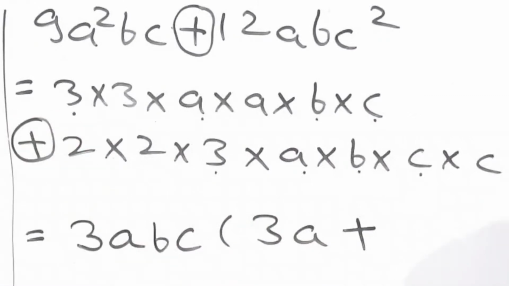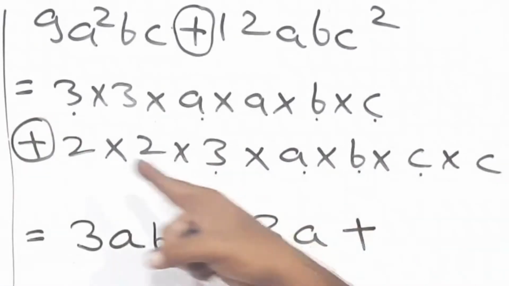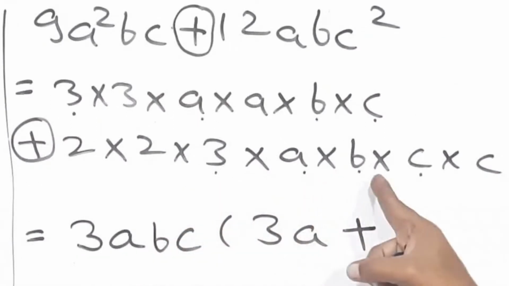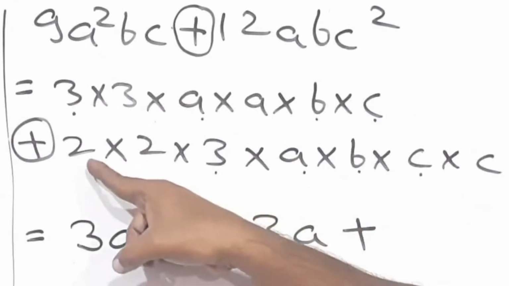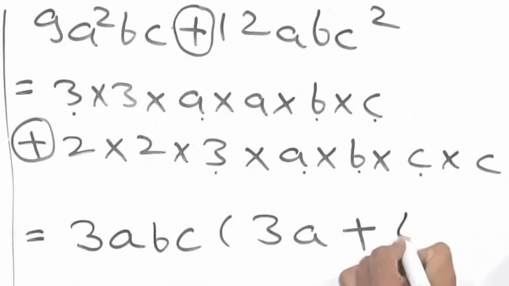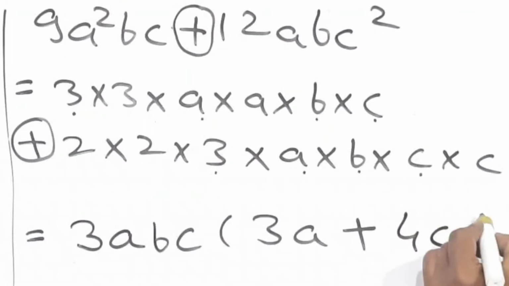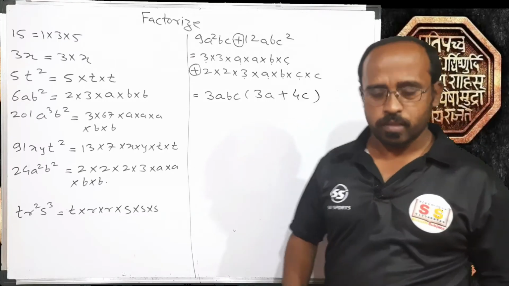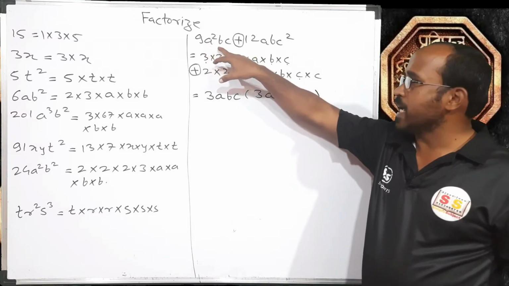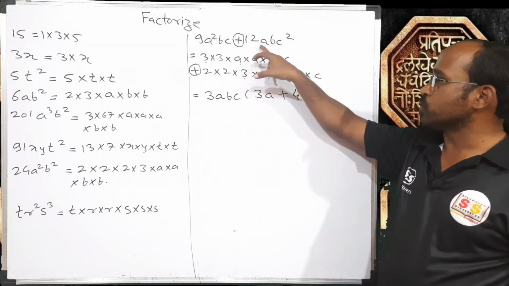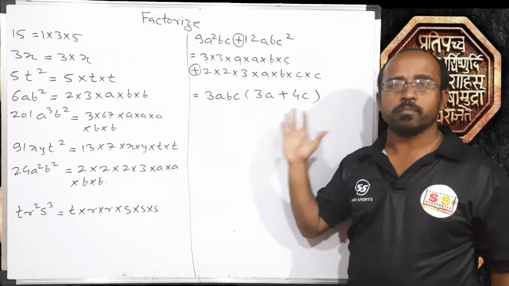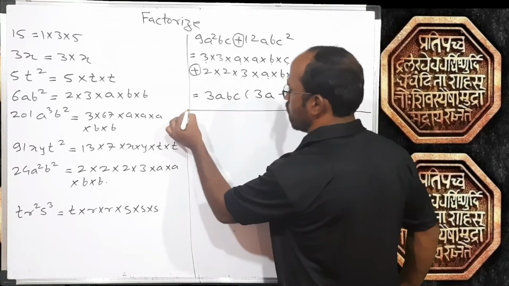What is remained in the second monomial? 2 multiplied by 2, 4, multiplied by c, 4c. So this is the way how to factorize a binomial. 3abc is common between 9a square bc plus 12abc square, and if we take 3abc common, 3a plus 4c will remain. Clear, students? I hope you got the idea.